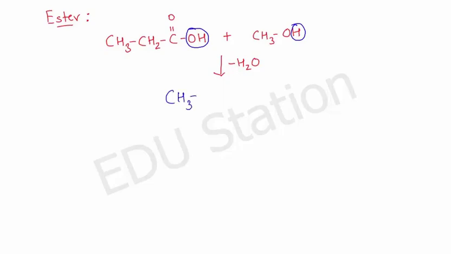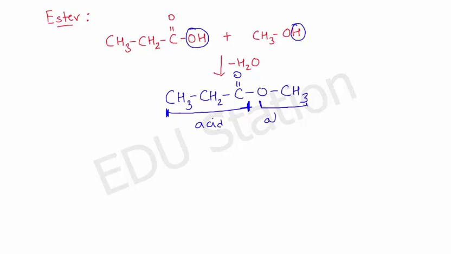CH3, CH2, C double bond O, O, CH3. So this part which has C double bond O till this point comes from the acid and this part is coming from an alcohol.